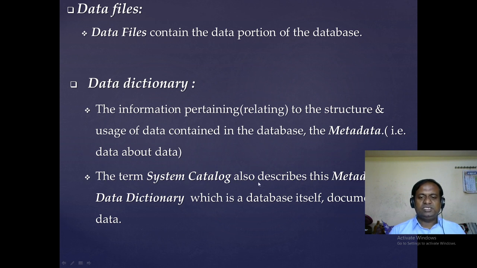The term system catalog also describes this metadata. The data dictionary, which is a database itself, documents the data. So this is how the complete execution of the database works. Hope you have understood the concepts of the structure of database management system.